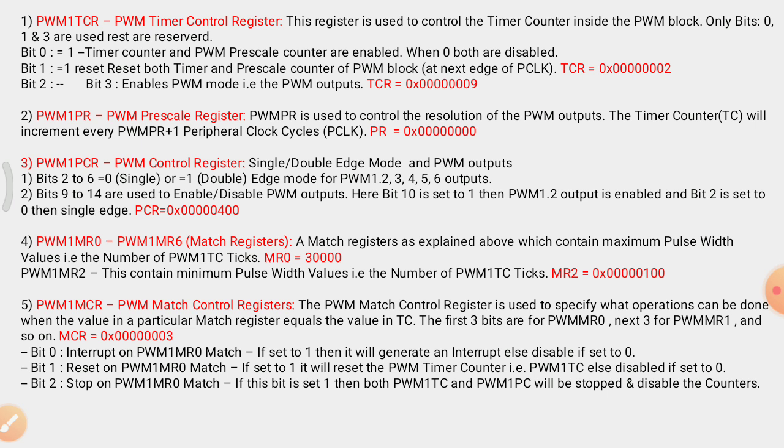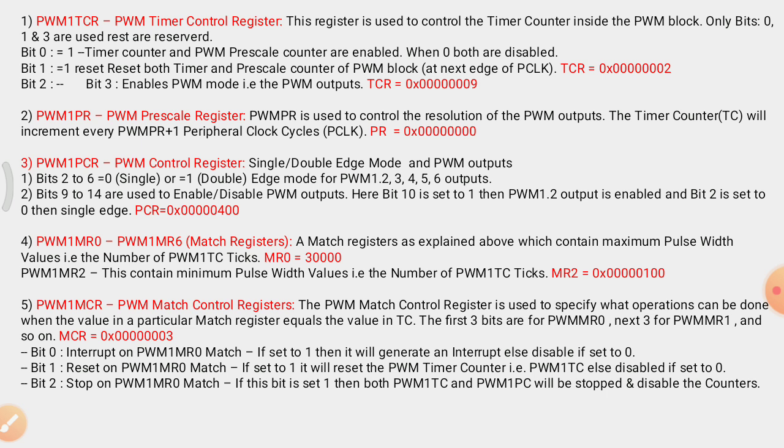The third register is the PCR register. In this register only bits 2 to 6 and 9 to 14 are used. Bits 2 to 6 are used to set single edge mode or double edge mode, and bits 9 to 14 are used to enable and disable PWM outputs.